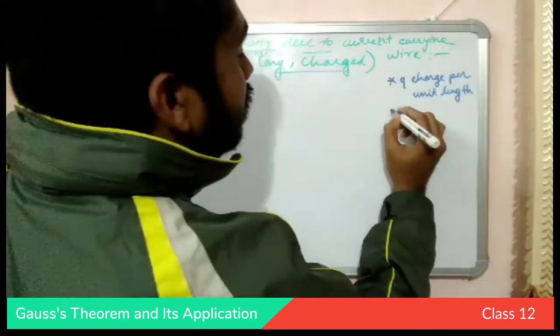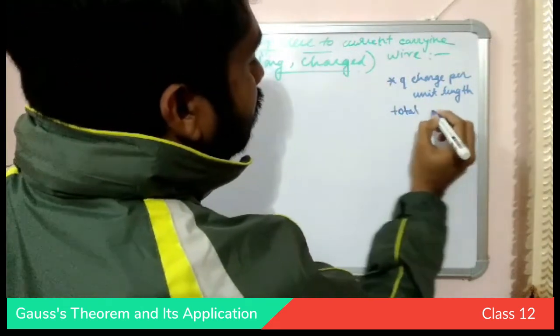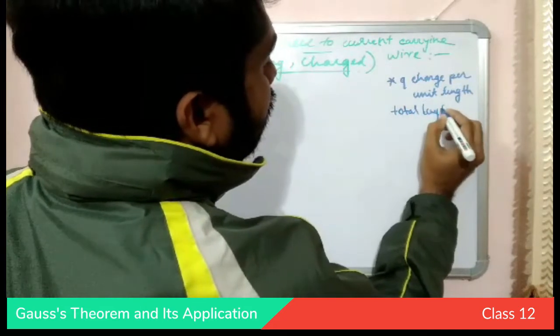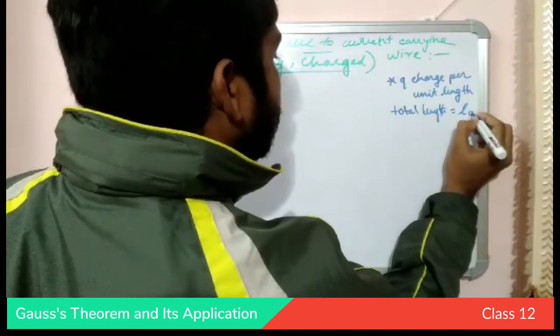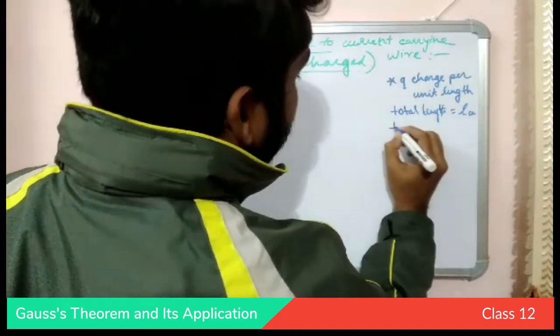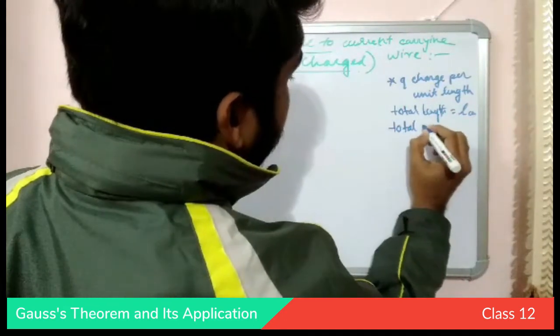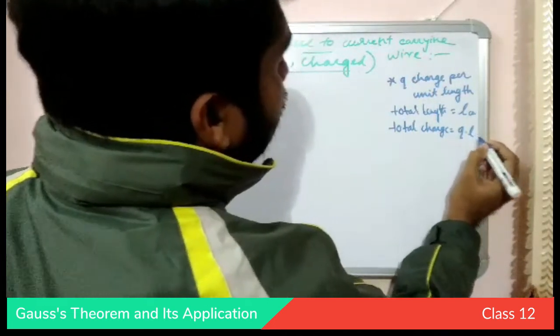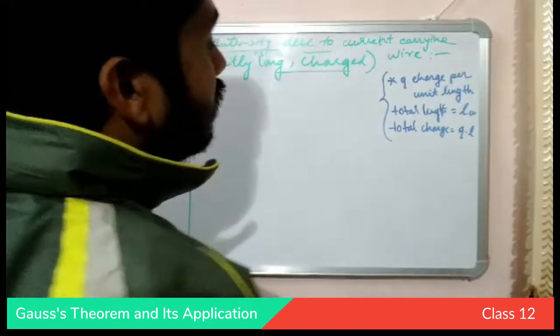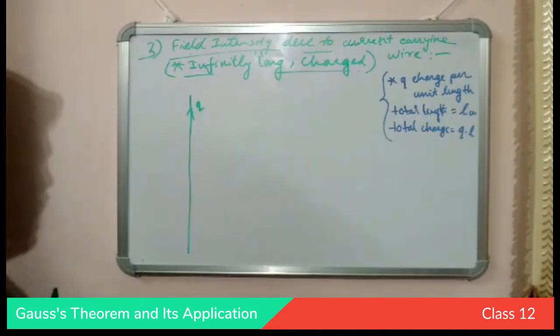So if the total length is equal to L, or whatever, then the total charge is lambda into L. You have to remember this.